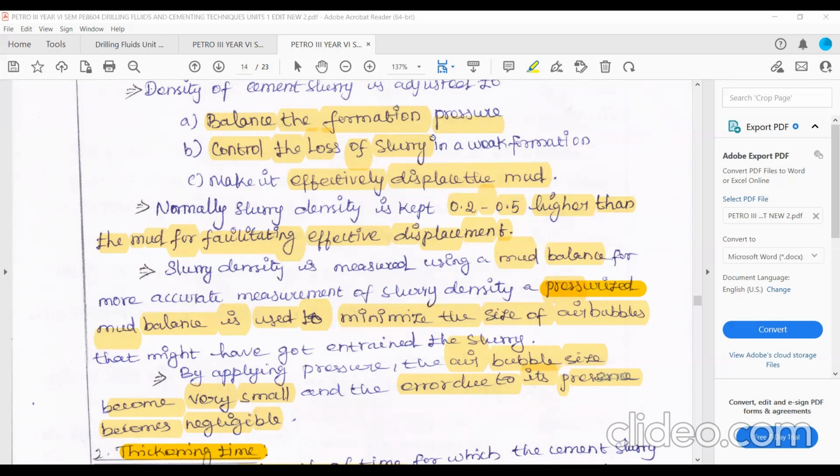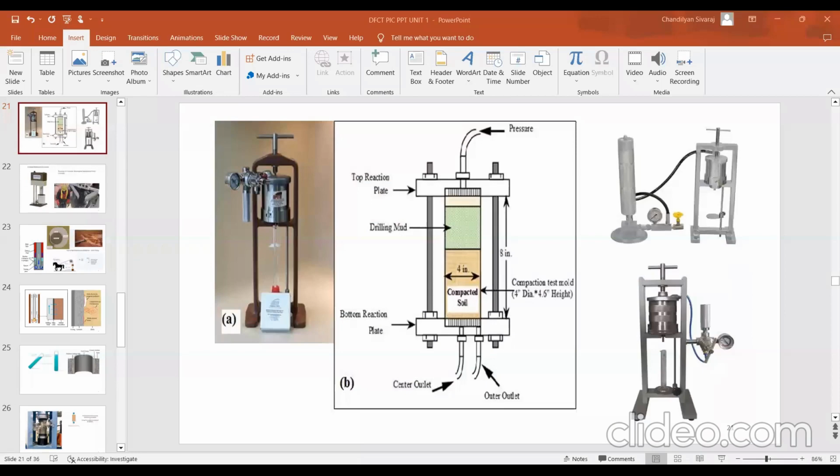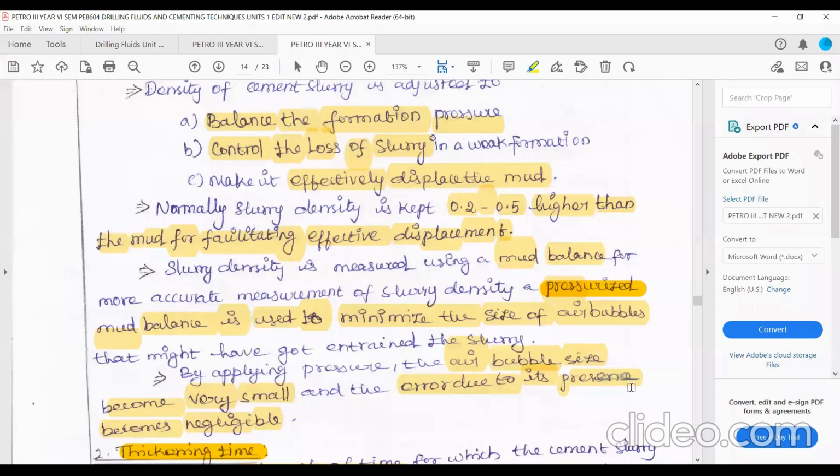Let me share the slides again. A mud balance is equipment which gives the specific gravity or the density of the fluid being tested.